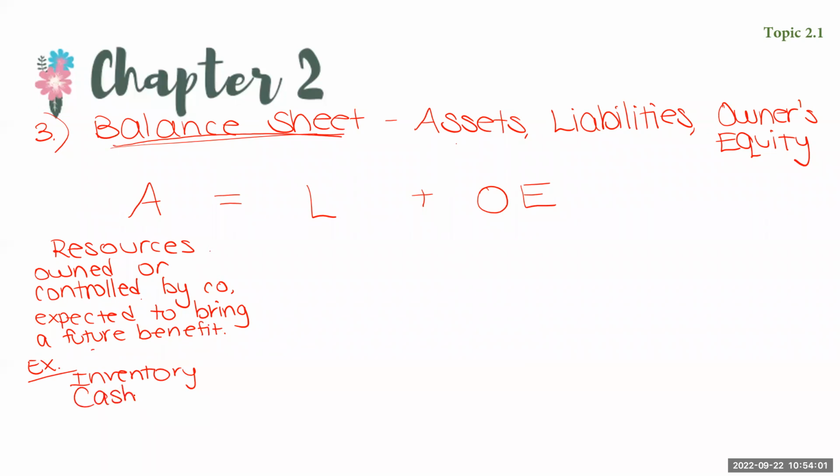Cash is also an asset, something that we own, control, and we can use that cash to buy more inventory, to pay for our employees, to advertise. A new one for accounting classes is AR, which stands for accounts receivable. I think this one and accounts payable are tough for students. Accounts receivable, think of it as customer accounts receivable.